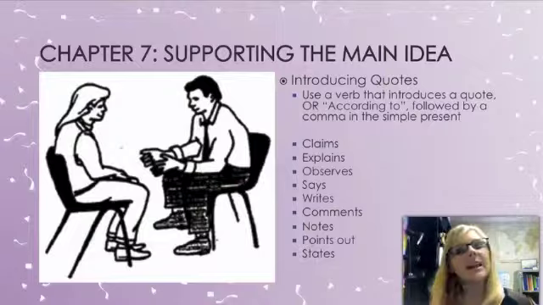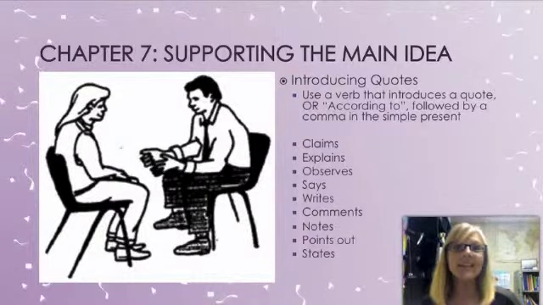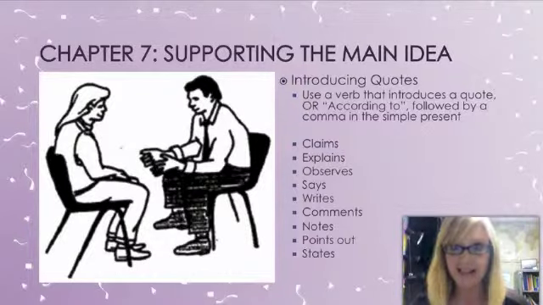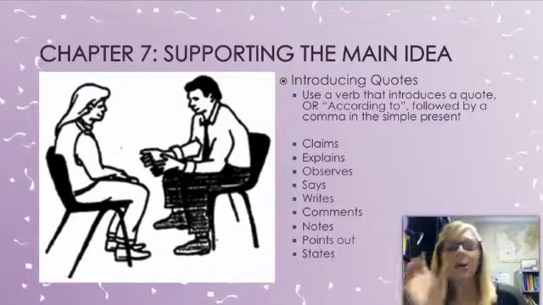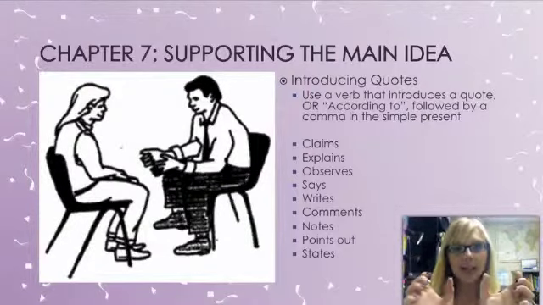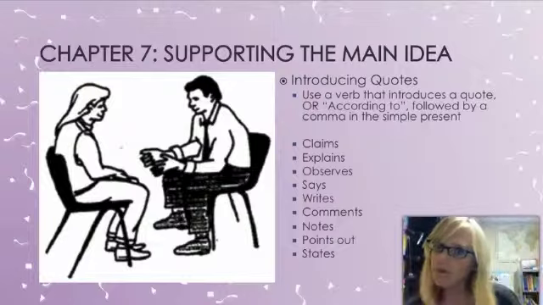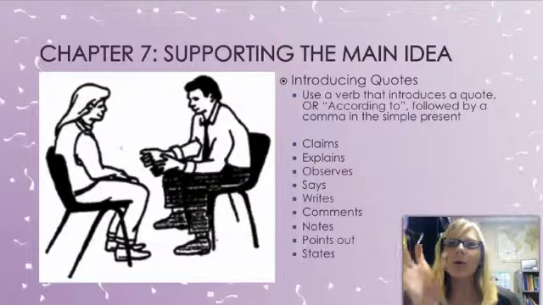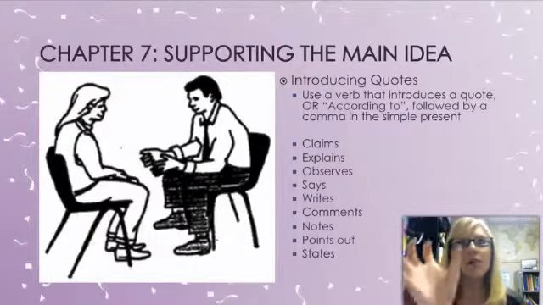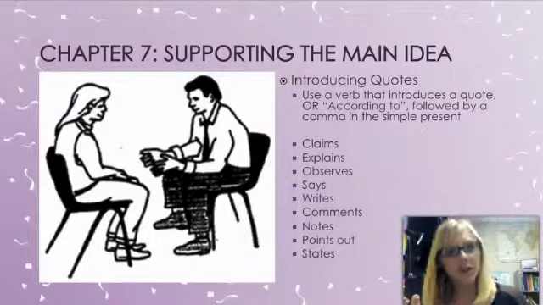Now, one other thing about introducing quotes, make sure that you use a verb to introduce that quote as well as the name of the person who said it. You can also use according to, and then the person's name, but just like we talked about a few seconds ago, make sure you put a comma there to separate that introduction or introductory phrase from the quotation.